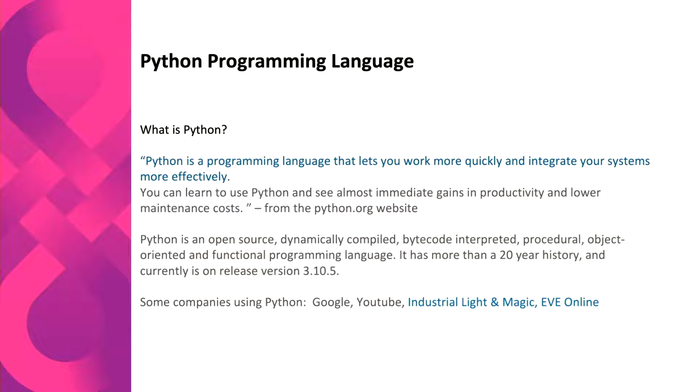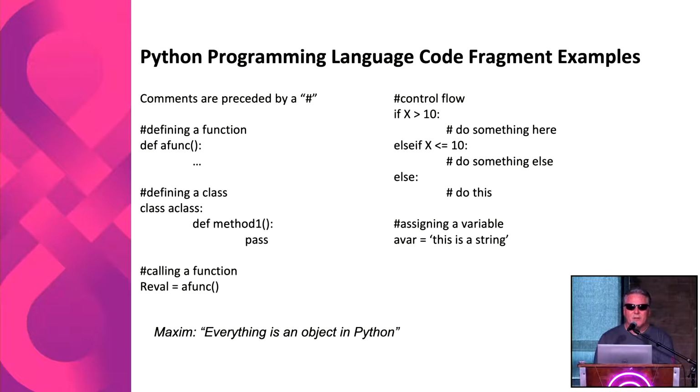Okay, next slide. What I did is throw in a couple of quick fragments of code just to say, yes, this is regular code and we use this type of code. On the left side, defining a function, defining a class, calling a function, and on the right side a little control flow.